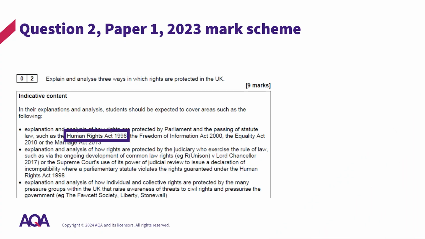As you can see, the content of the mark scheme clearly reflects the focus and language of the specification as I discussed earlier. Note in particular the first bullet point and its reference to key New Labour reforms such as the Human Rights Act of 1998. The mark scheme also makes reference to related topics such as the Supreme Court and the role played by pressure groups in promoting rights.